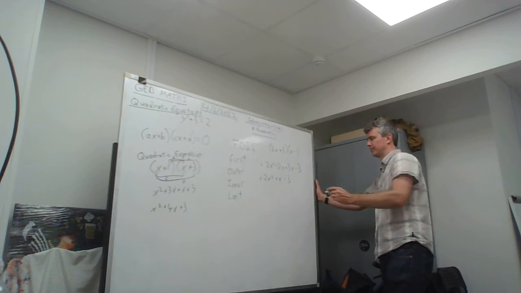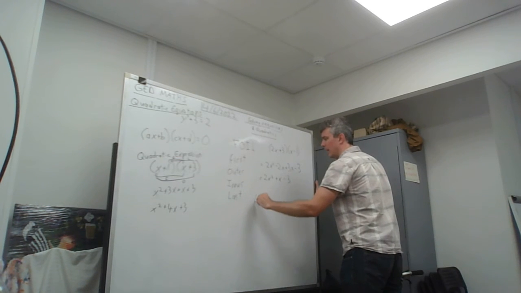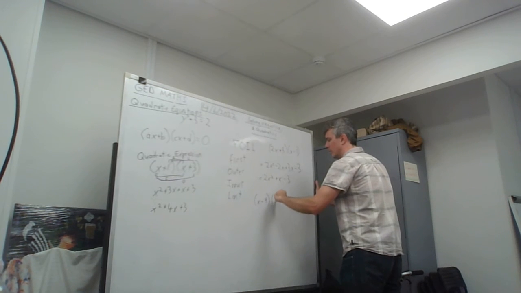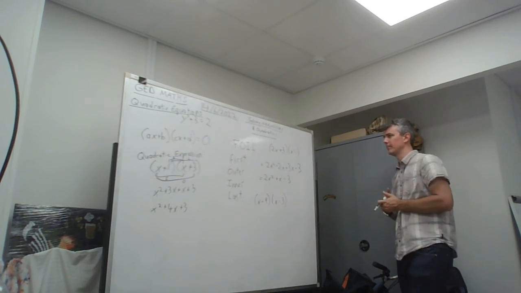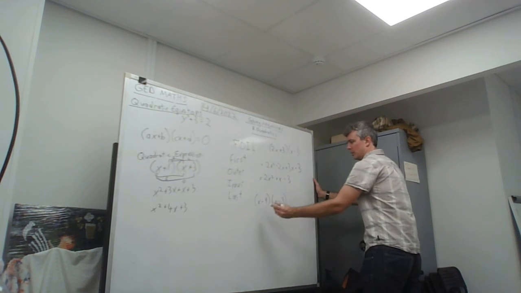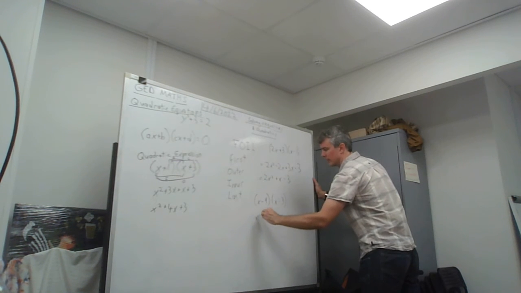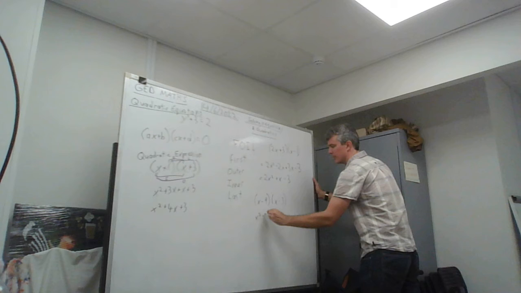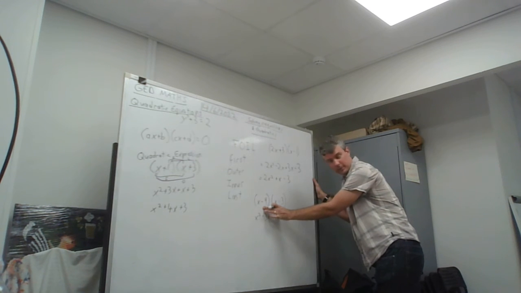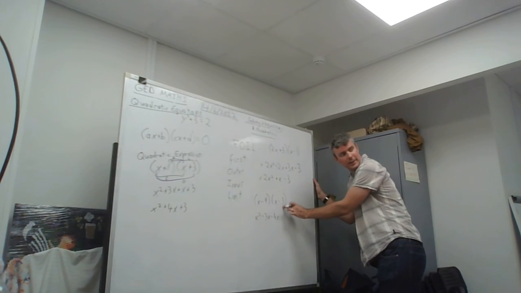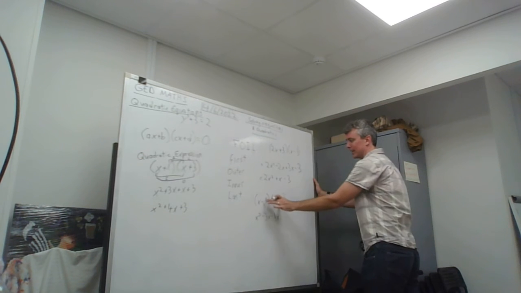Let me try one more. X minus 4 times x minus 3. Okay? X squared, minus 3x, minus 4x, plus 12. Minus 4 times minus 3. Yeah, that's the tricky part with the two negatives.